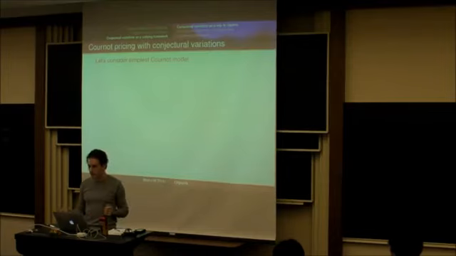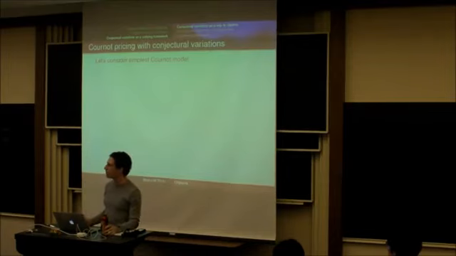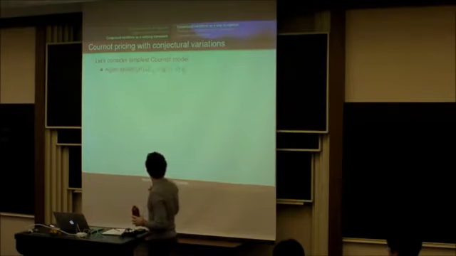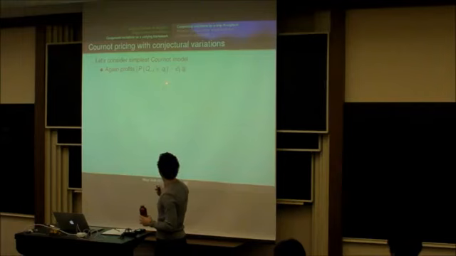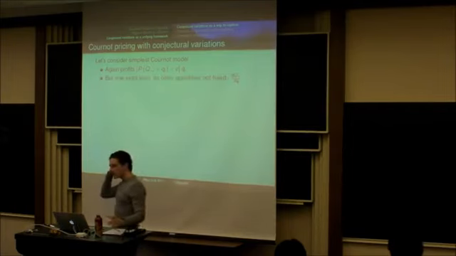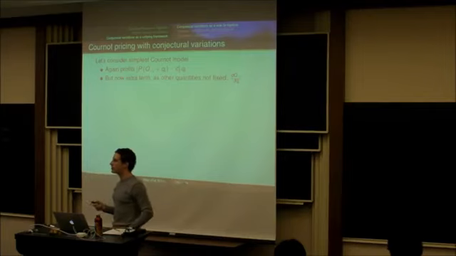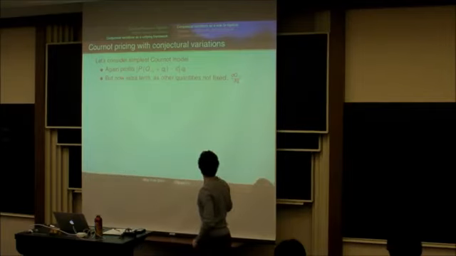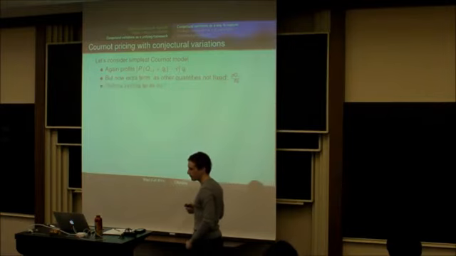So let's consider the basic Cournot model, and now let's put conjectures into that, right? So again, the Cournot model was this: price depends on my quantity and the quantities of all the other firms, times quantity. But now we're going to add an extra element, which is that I'm going to think, hey, if I increase my quantity, that will change the quantities produced by all the other firms.